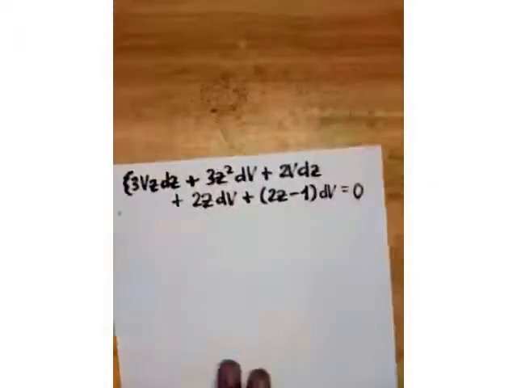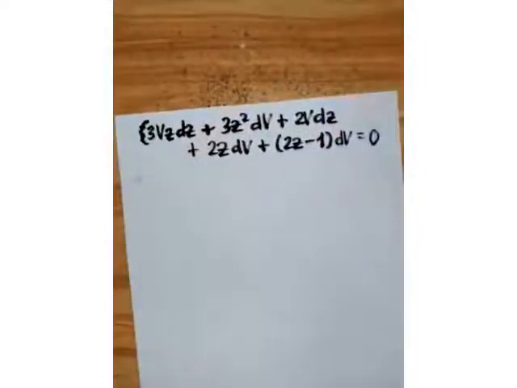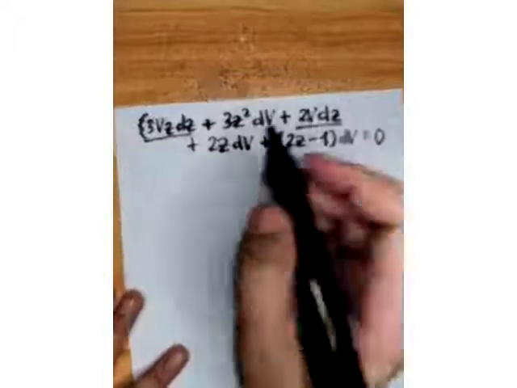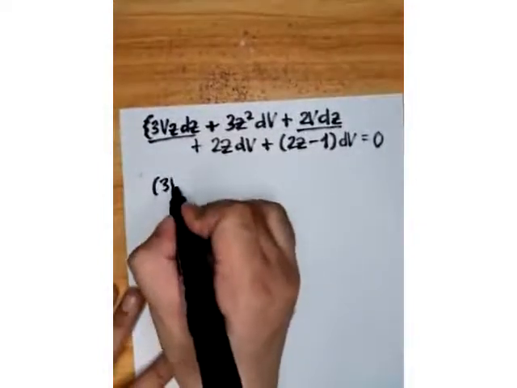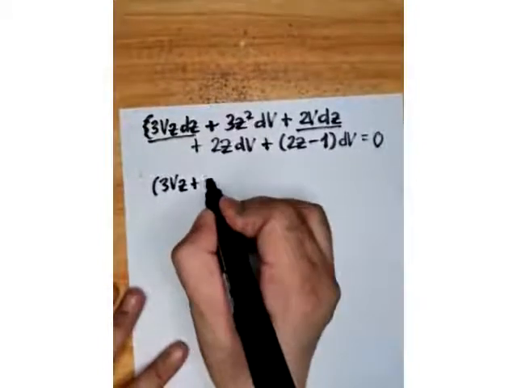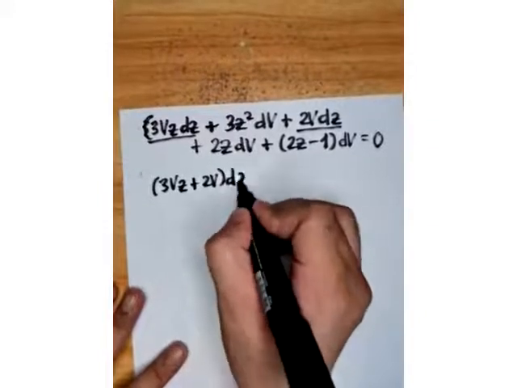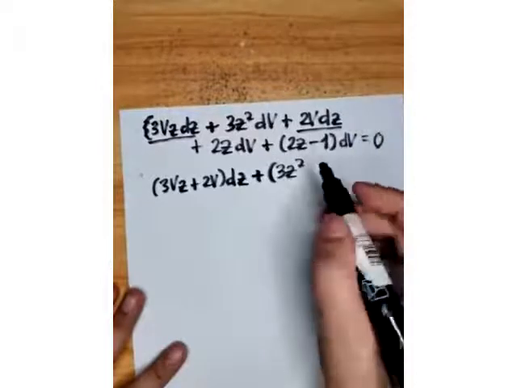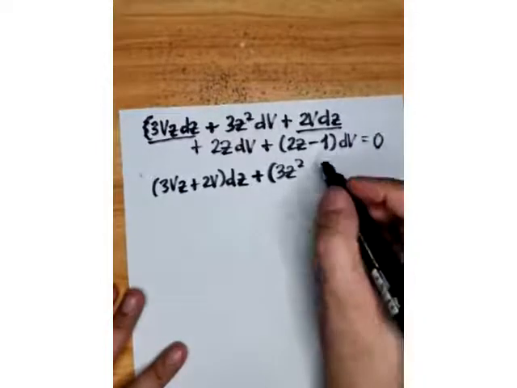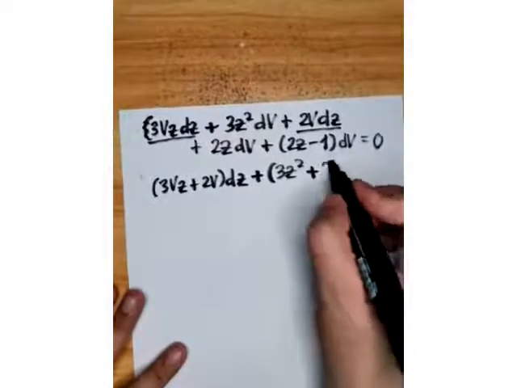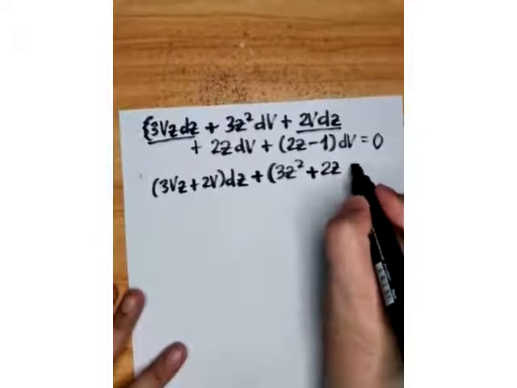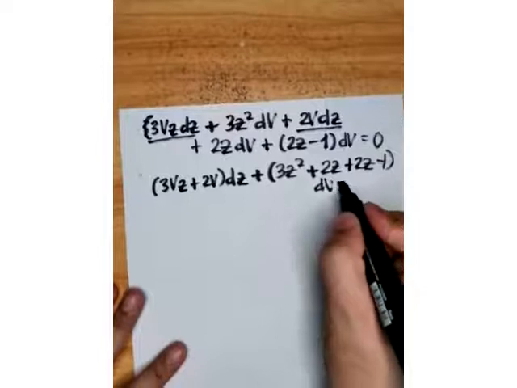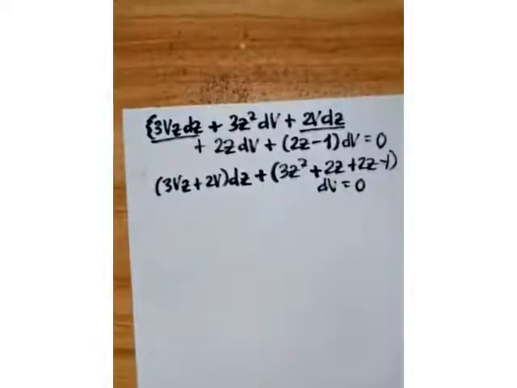Ayan. So let's combine all like terms na merong mga dz tapos factor out natin. So ito at saka ito. So we'll have 3vz plus 2v dz plus 3z squared plus 2z plus 2z minus 1 dv is equal to 0. So this is our equation.